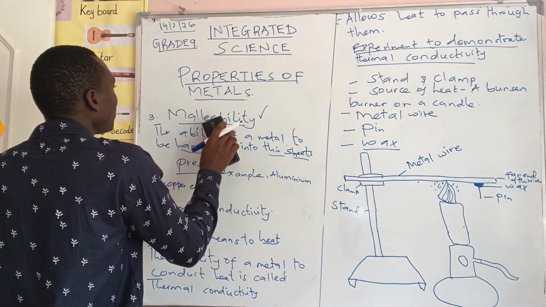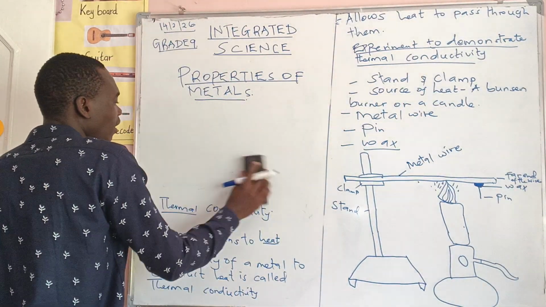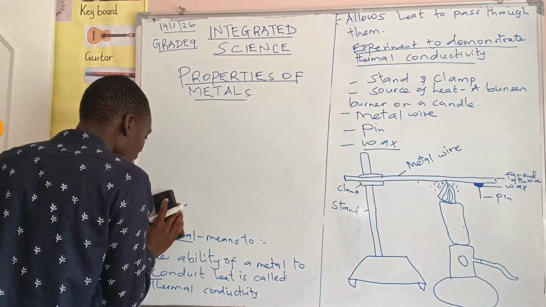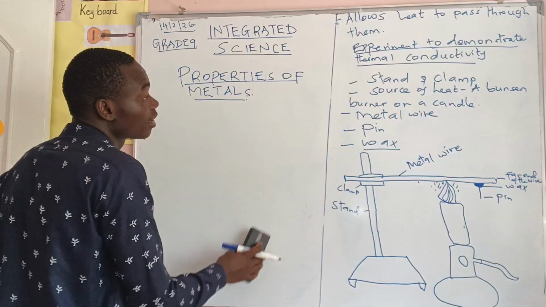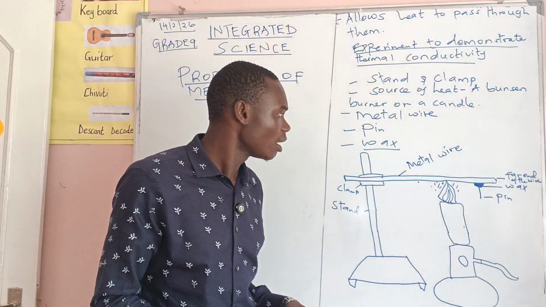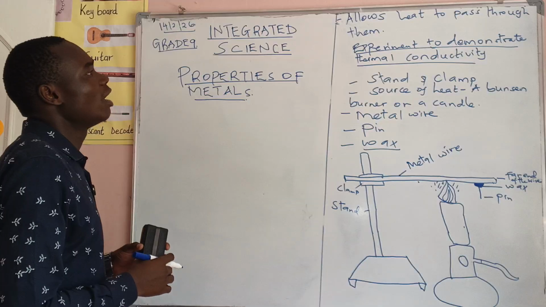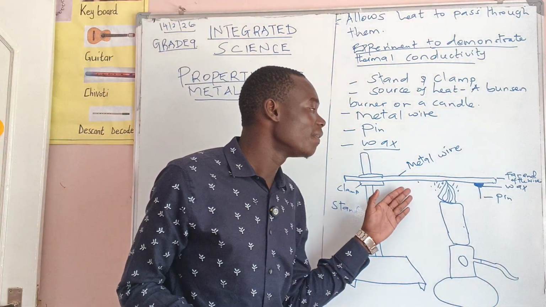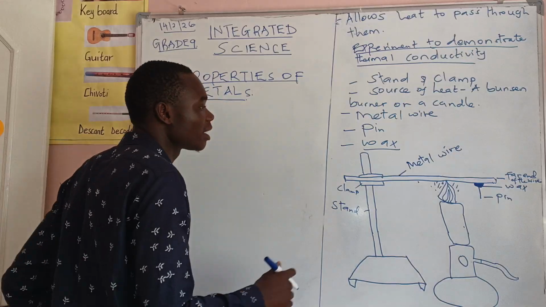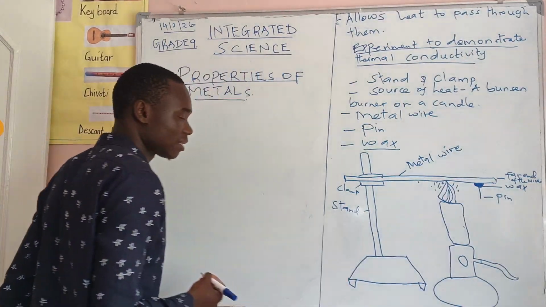Now, when I do an experiment, always there is an observation. And we have to also explain and conclude what the experiment is all about. Now, in this particular experiment, we were trying to demonstrate thermal conductivity. And when you heat the metal wire, what happens is that the wax here will melt.